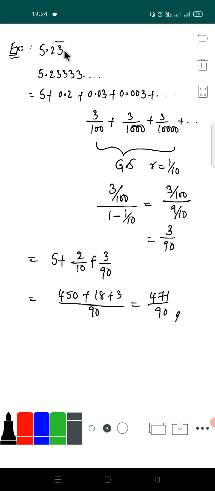This is a recurring decimal number. So any recurring decimal number can be put in the form of p by q using this procedure. This is a very good application of the geometric series.